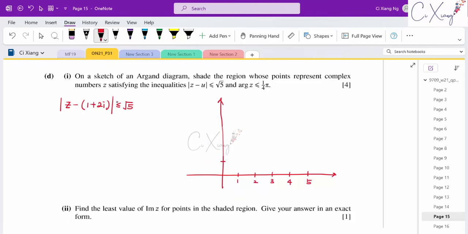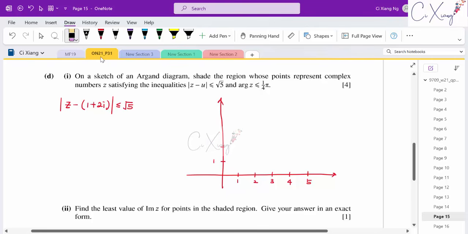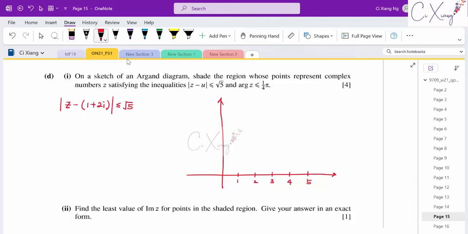So let's say for me, I have maybe 1 cm for 1 unit, and the same thing happens for the y-axis. I think this one is a bit too wide, so let me adjust it a little bit. Let's say this is my 1, and then this is my 2, then 3, 4, 5.